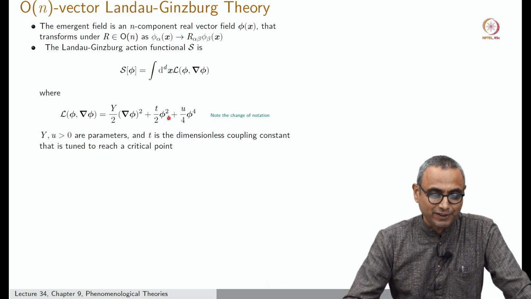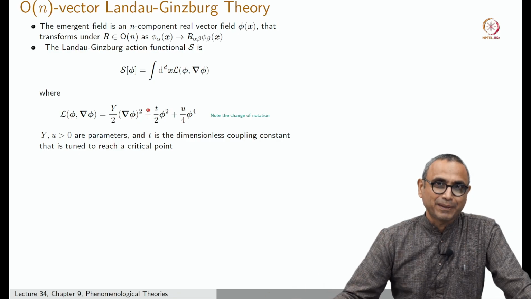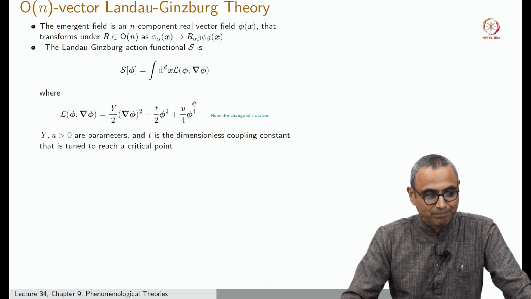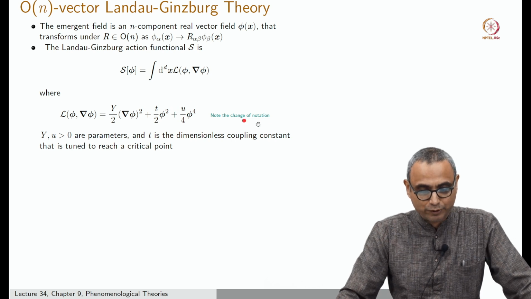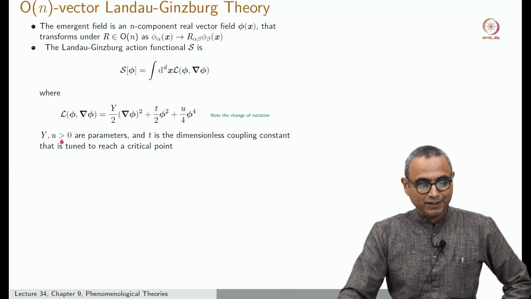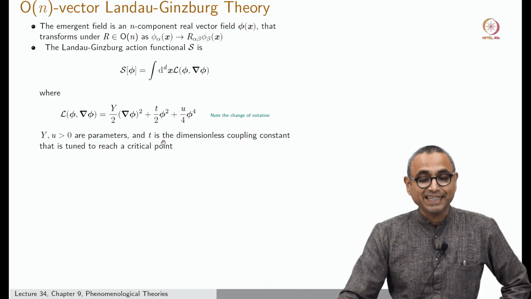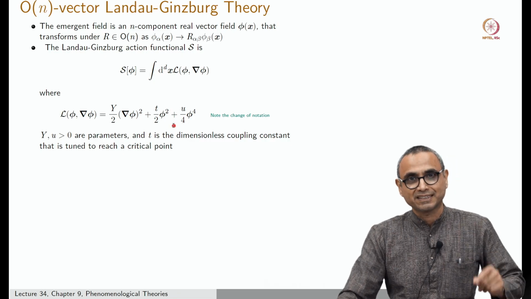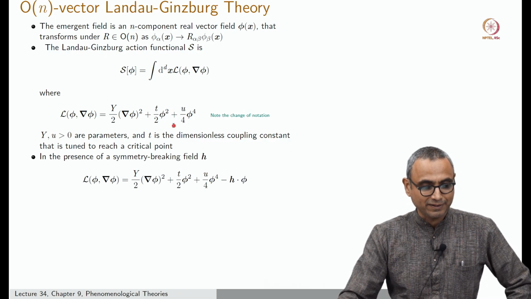In fact, we will even change notation later depending on what physics we are after, as you will see. So that is the small point to be noted. This y and u are some non-negative parameters, and t is a dimensionless coupling constant which will tune our systems towards criticality and so on.